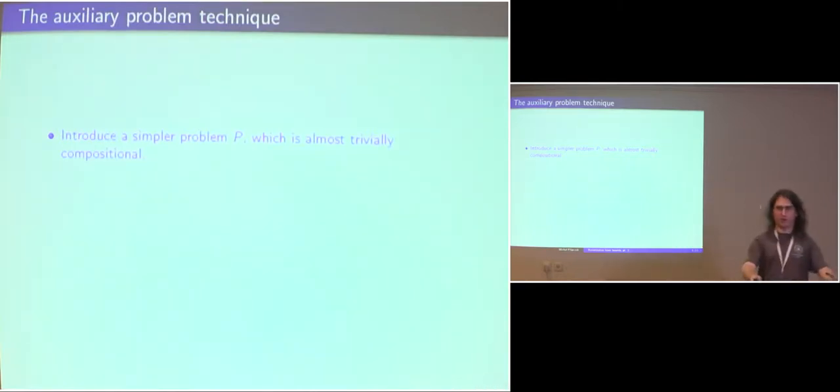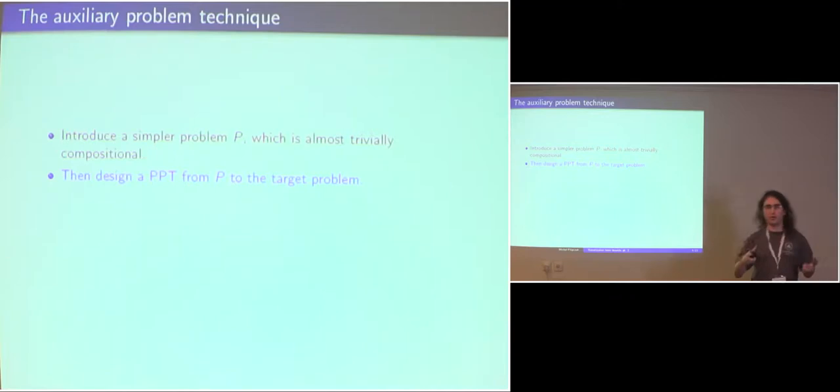We introduce a problem, maybe not simpler in terms of being in a lower complexity class, but conceptually simpler, that is trivially compositional, but it encodes the hardness of the original problem. And then we embed this hardness by a PPT reduction from my auxiliary problem to my target problem.